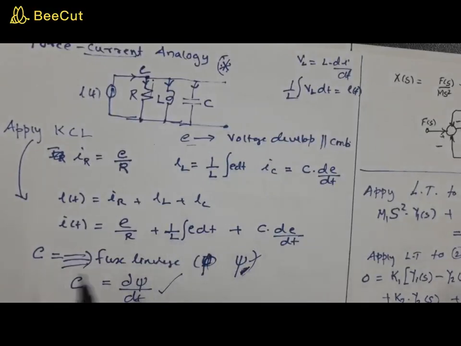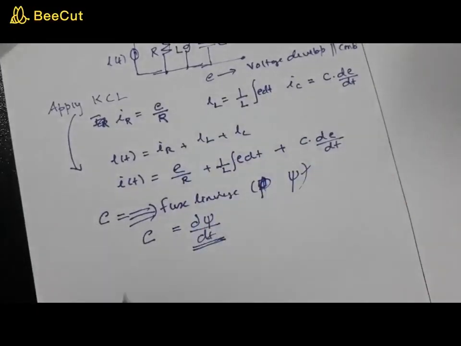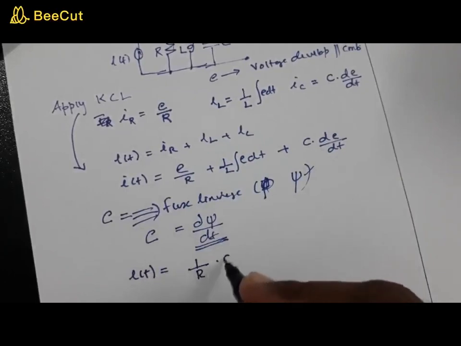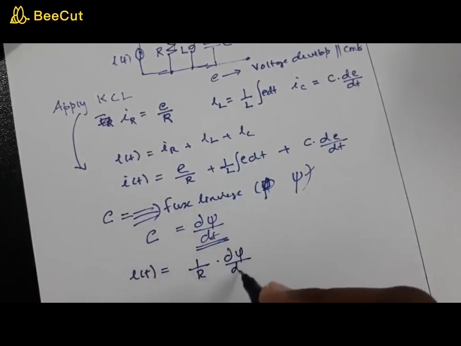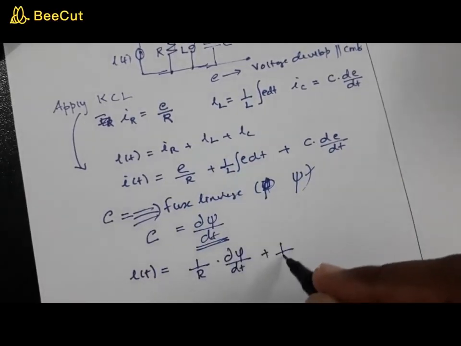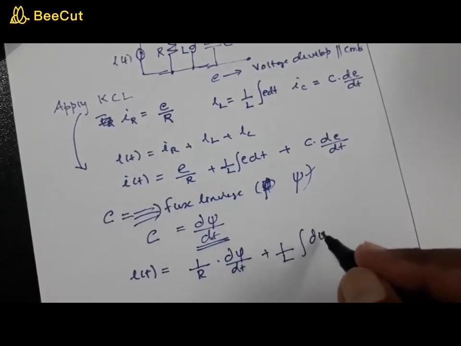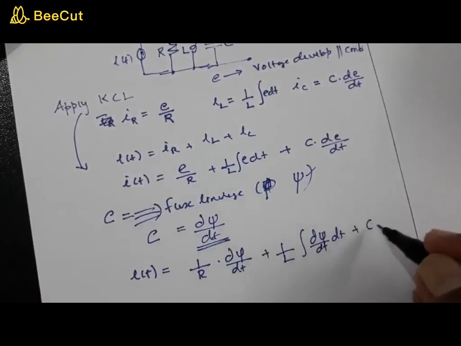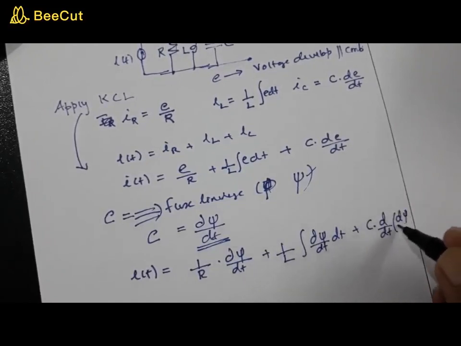Substituting that in this equation, you will get I of t equal to 1 by R into d psi by dt plus 1 by L into integral d psi by dt plus C into d by dt of d psi by dt.